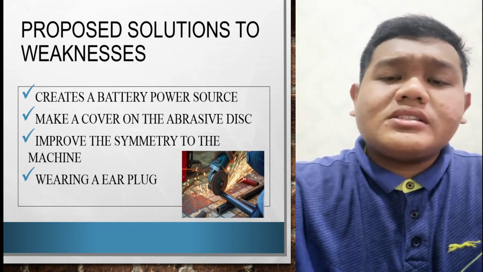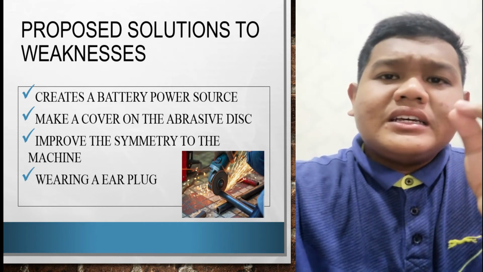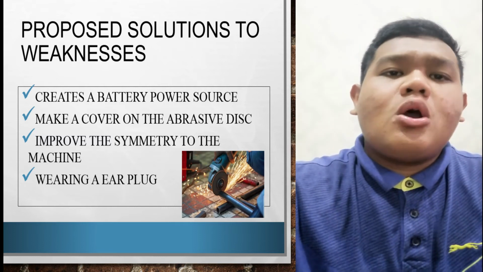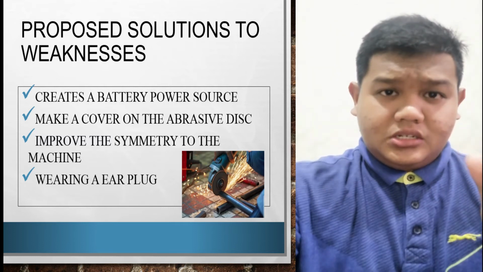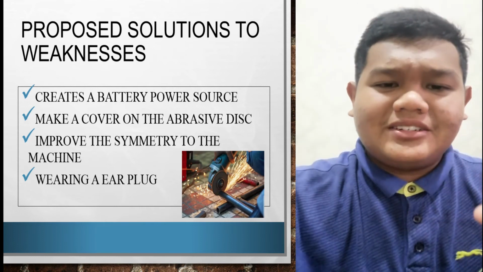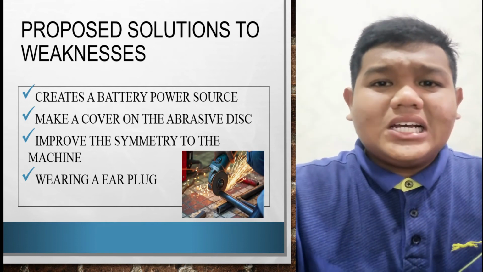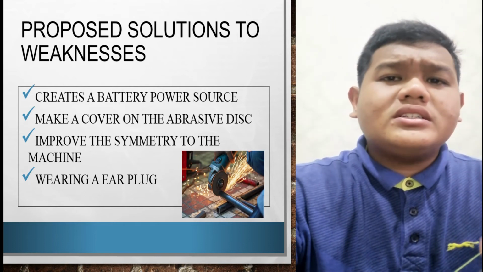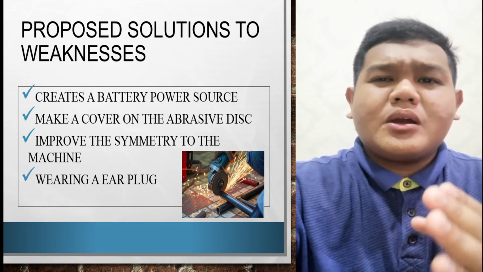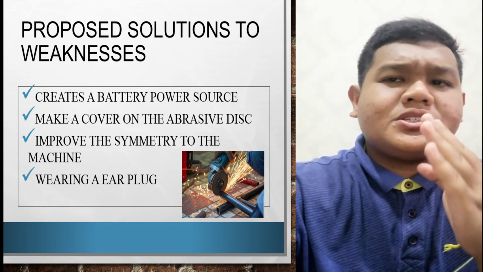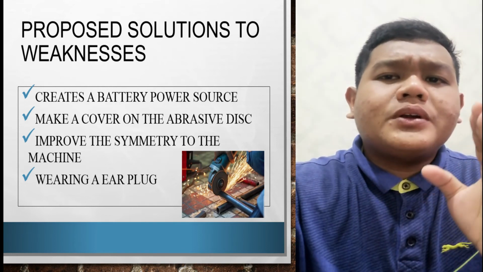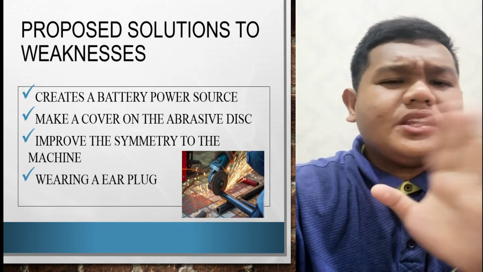It is because it makes it easy to do work anywhere, for example, in a place that does not have electric current. And the second is to make a cover on the abrasive disc. Improve the grinder machine by placing protection or a cover on the sharp blade to prevent the machine from causing any accident.